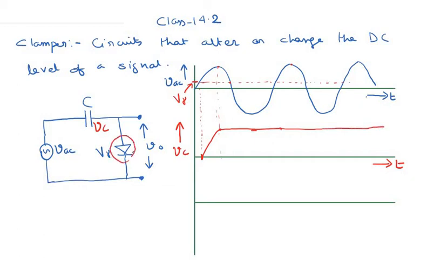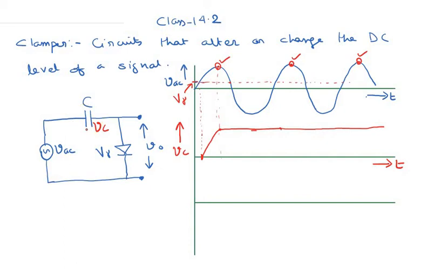For all the times except at these points, which are the peak points or the maximum voltage points for the input VAC, only at this point, this point, and this point, the diode comes to a conducting state, and only then a very small pulse-like current flows through this capacitor. So the capacitor is more or less charged up.